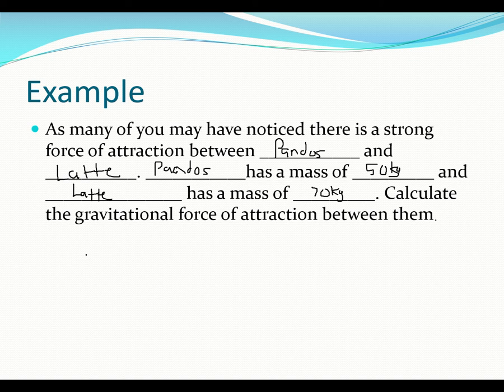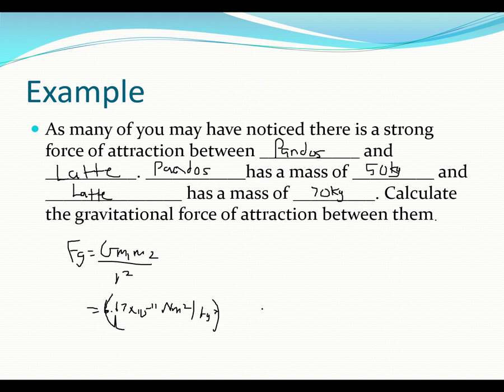So I'd say the distance between us was about, I don't know, we're about 12 meters apart. So we can use our new formula, Fg equals G m1 m2 all over r squared, where G is 6.67 times 10 to the negative 11 newtons meters squared per kilogram squared.